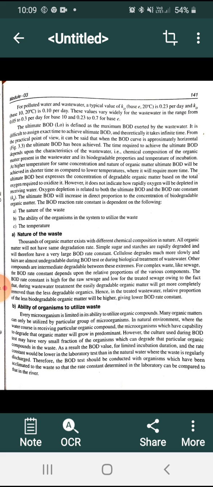Suppose you are eating idli dosa or something, how the digestion will take place within 3 hours, how fast it is, the rate of decomposition can be determined. That is the ability of organisms to utilize the waste. In this equation we can assess how the work has been carried out.